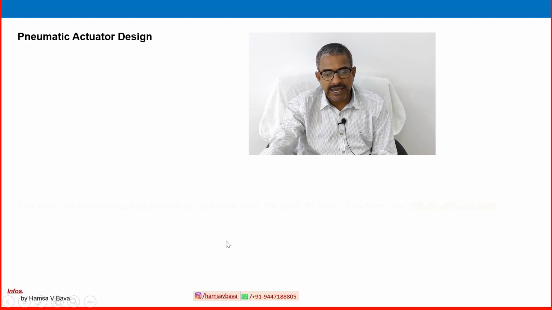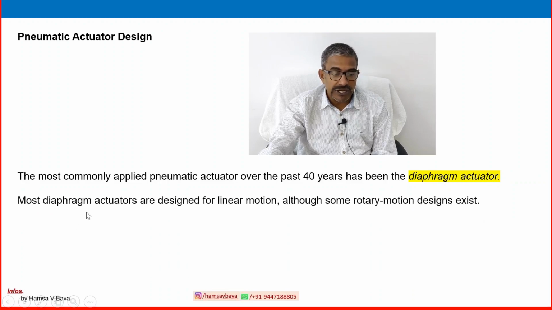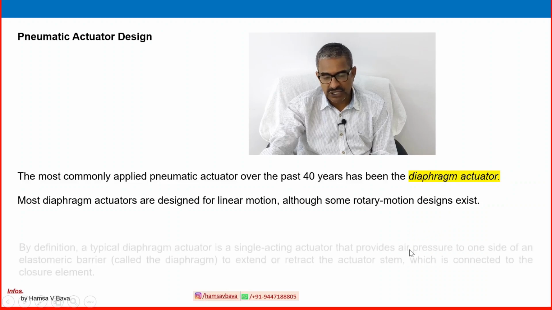Pneumatic actuator design: one key piece of information we can pass on here, and more information we can discuss in the next video, because it is a large area we have to cover. The most commonly applied pneumatic actuator over the past 40 years has been the diaphragm actuator. That is important. Most diaphragm actuators are designed for linear motion, although some rotary motion designs exist.